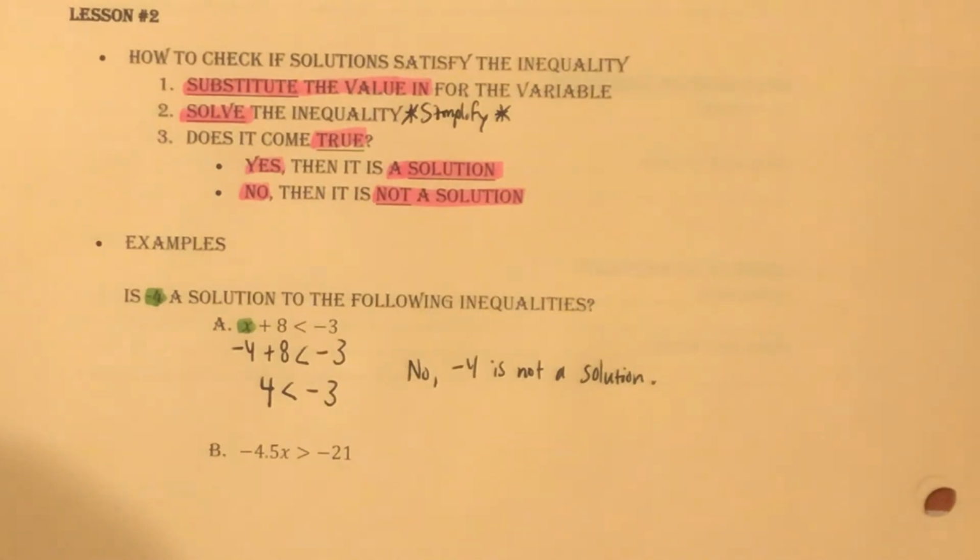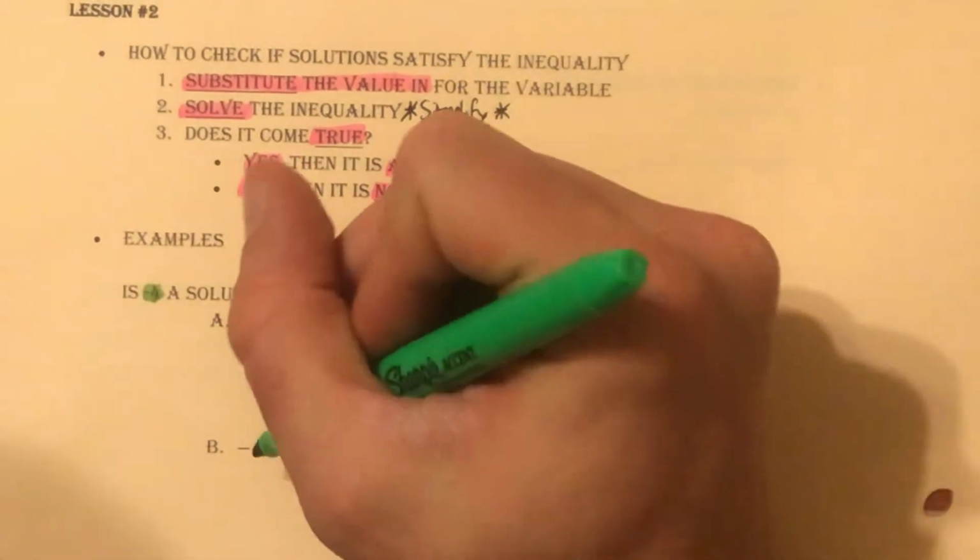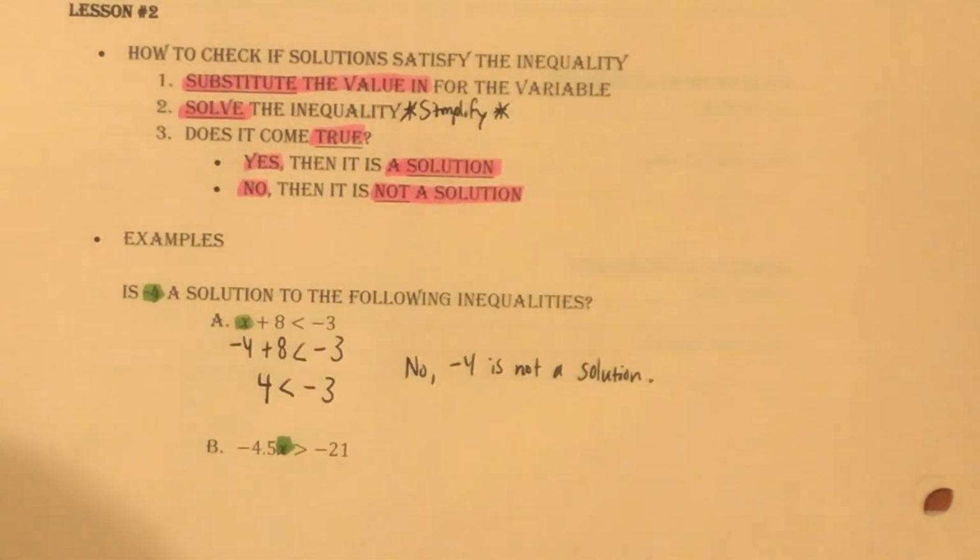All right, well, I'd encourage you to try example B on your own, then check your answer with mine. So example B says -4.5x is greater than -21. So step 1, substitute the value in. So remember, the value was -4 that they gave us, and they want us to plug that in for the variable. Now, when I go to plug this in, I have to remember that that variable is being multiplied by its coefficient, the -4.5.